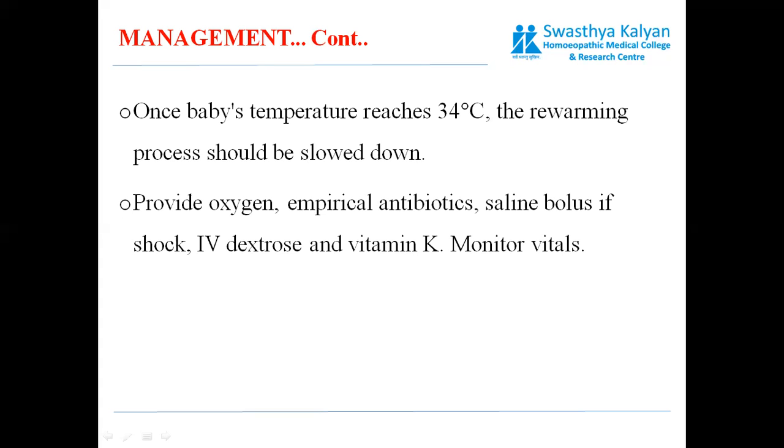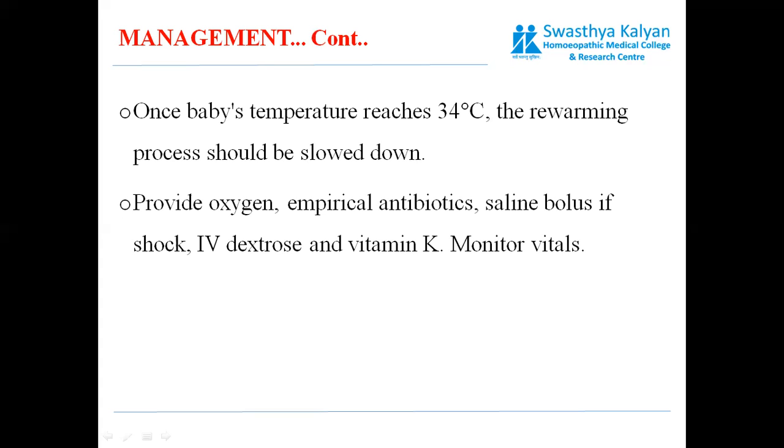Then after that, we have to measure the temperature of the baby every hour for at least 3 hours. Now, if the rise of temperature is 0.5 degrees centigrade per hour, then we can consider that heating is adequate, and temperature measurement is continued 2 hourly until normal body temperature is attained. And after that, we have to monitor temperature 3 hourly for at least 12 hours.